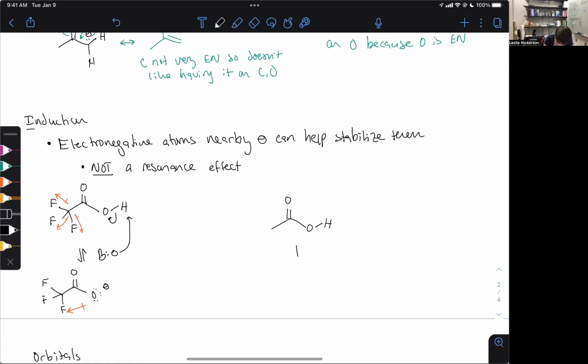So if I have this, okay, they have the same amount of resonance, they have the same atoms, but the only difference is that one of them has those fluorines nearby. That's going to help withdraw a little bit of that electron density.